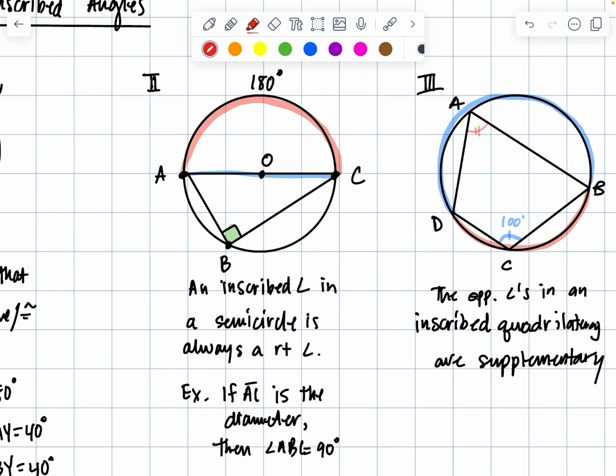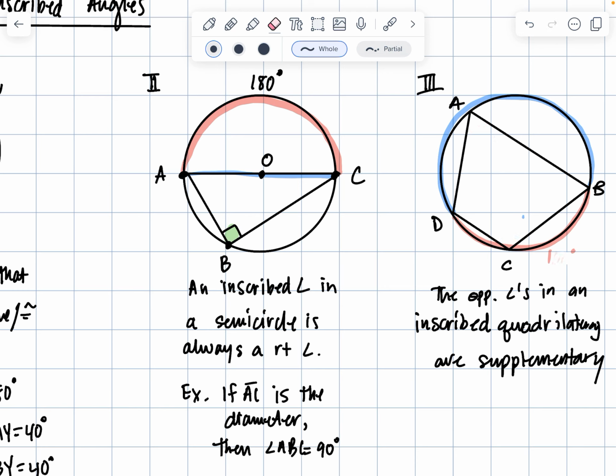DAB would be the remainder of the circle. So together the blue and the red make 360 degrees, but since these inscribed angles are always equal to half of it, they should add up to 180 degrees. So this would be 80 degrees, and if we did the math, this would be 160 degrees. So if you understand that a whole circle is 360, but these inscribed angles are always half of it, opposite angles should always be supplementary.